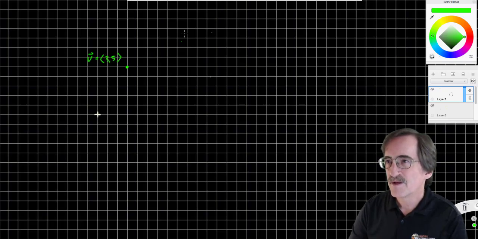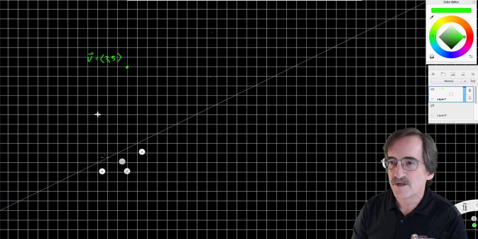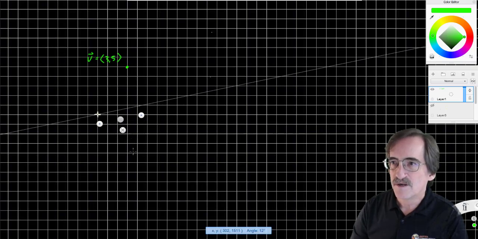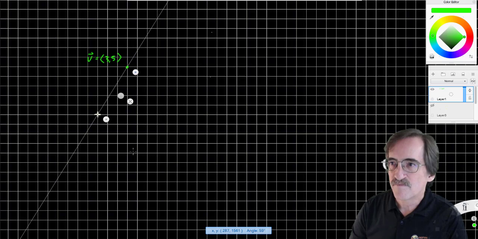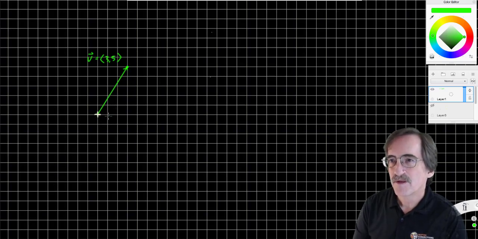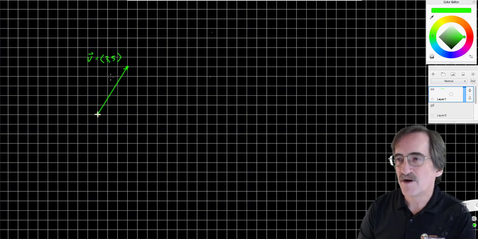Okay, and let's go ahead and draw it here. We're drawing it at the home position. Remember, vectors really don't care where they start and stop. If we're drawing them in the home position, we're drawing them with the tail at the origin. Okay, 3, 5. 3 right and 5 up.